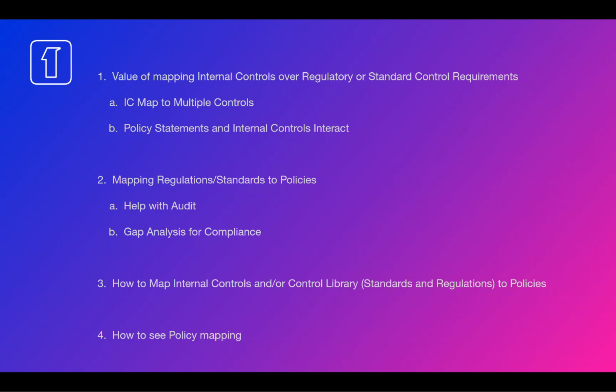Once you've mapped those regulations or standards to your policy, you can do a gap analysis in the C1 Risk platform to see where your policies are meeting control requirements and where there are any gaps.